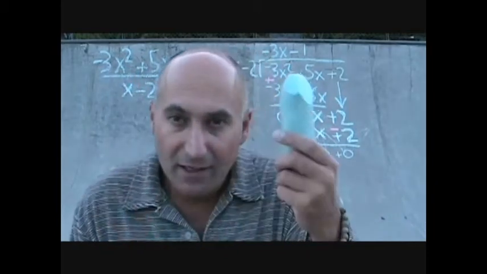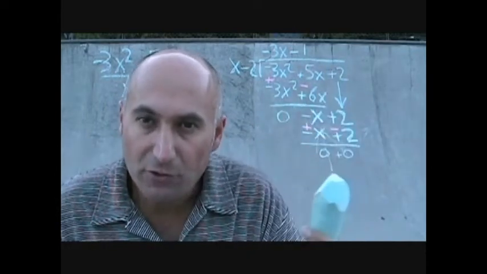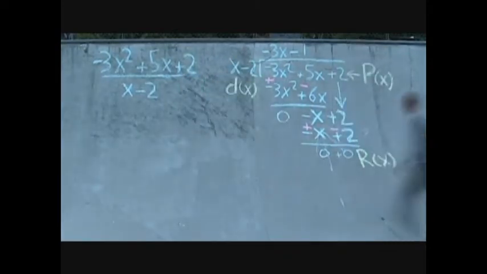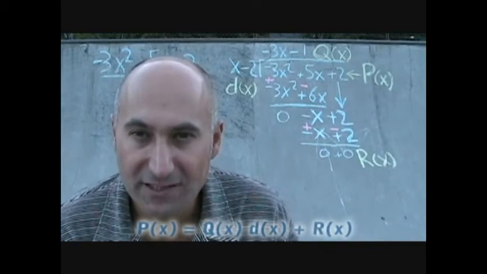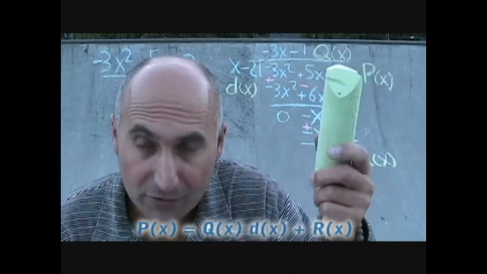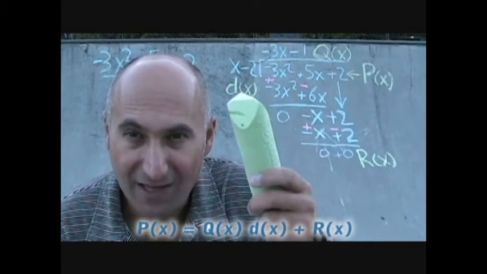Okay? And going back to our terminology, the symbols that we're going to call each one of these things is the following. So what we have from our division statement is the top guy is q of x, the quotient. X minus 2, this guy is going to be our divisor, d of x.